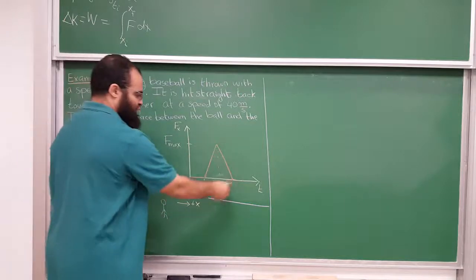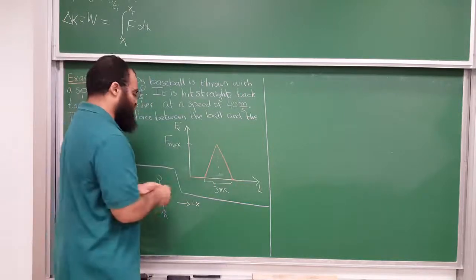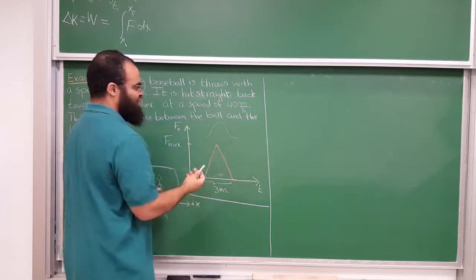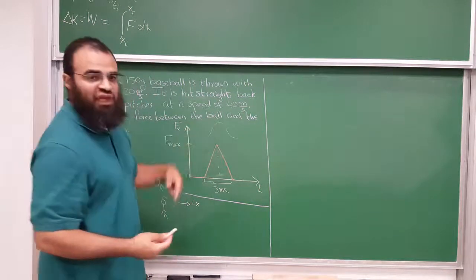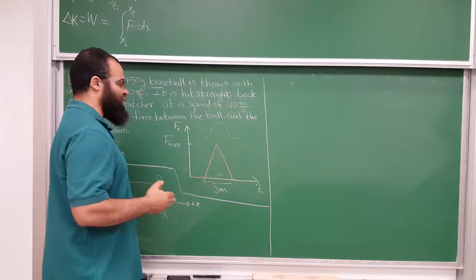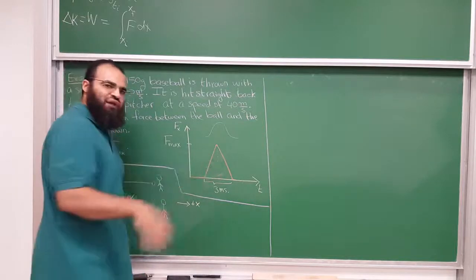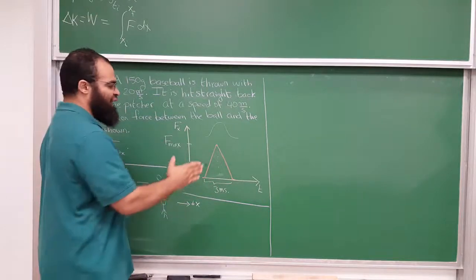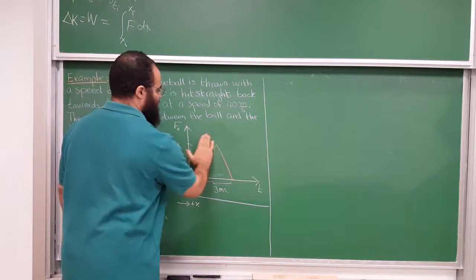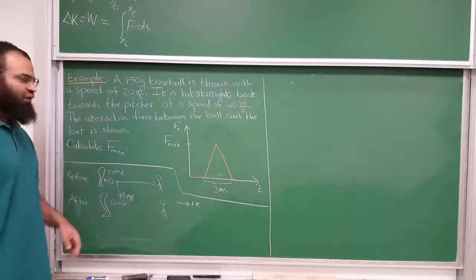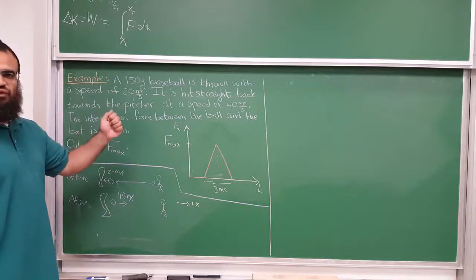So this is how the force looks, basically. I mean, they're giving us this. The force typically might look something like that. The exact shape of the curve usually is more complicated than this, and you have to use a really fast camera to look at the shape of the ball, and they have those, and then figure out how the shape of the curve maybe looks, or use force sensors.